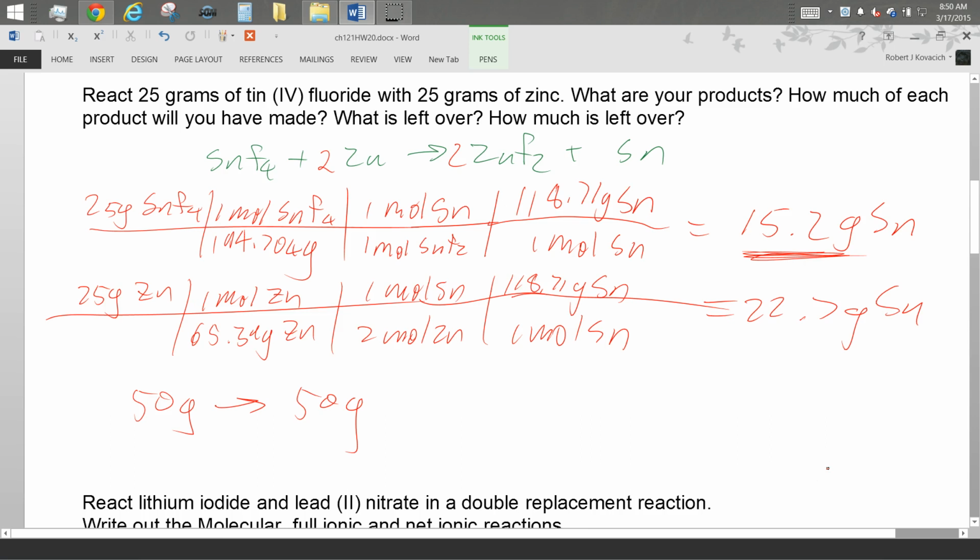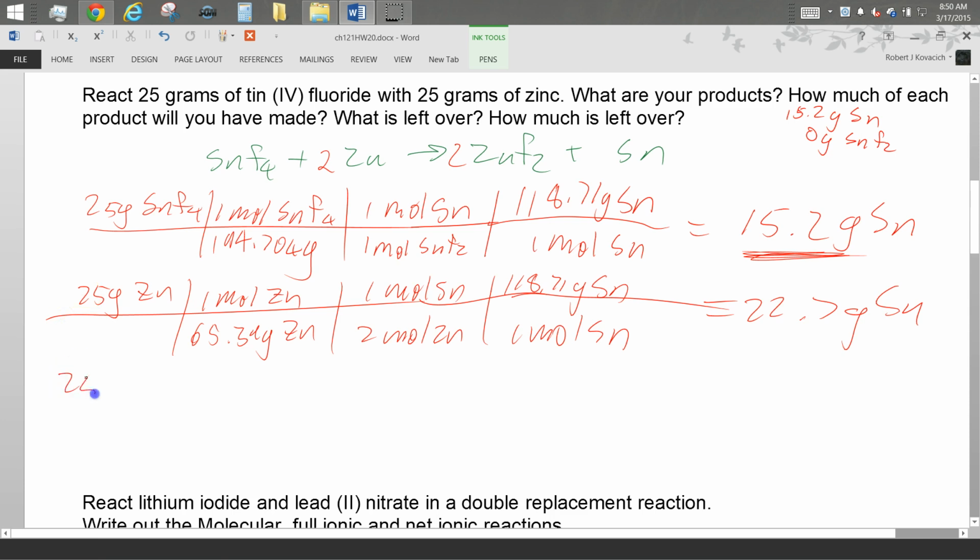Let's back this up for a second. Let me write down exactly what's in the container. I know that there is 15.2 grams of tin. We okay with that? I know that there is 0 grams of tin 4-fluoride. I do need to do another railroad.